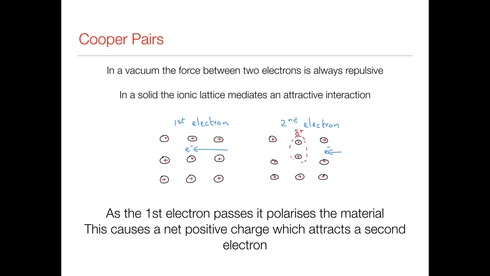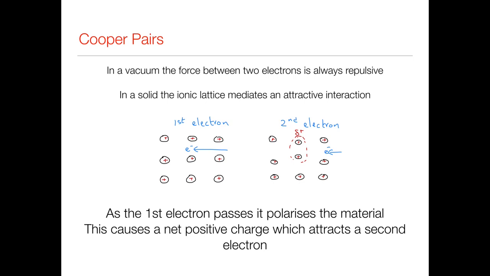From the point of view of a second electron coming along, it says, oh, I see here in space these two ions that are a bit closer than normal, so I see a net positive charge. The second electron is then attracted towards that area of polarization, and this propagates through the material.